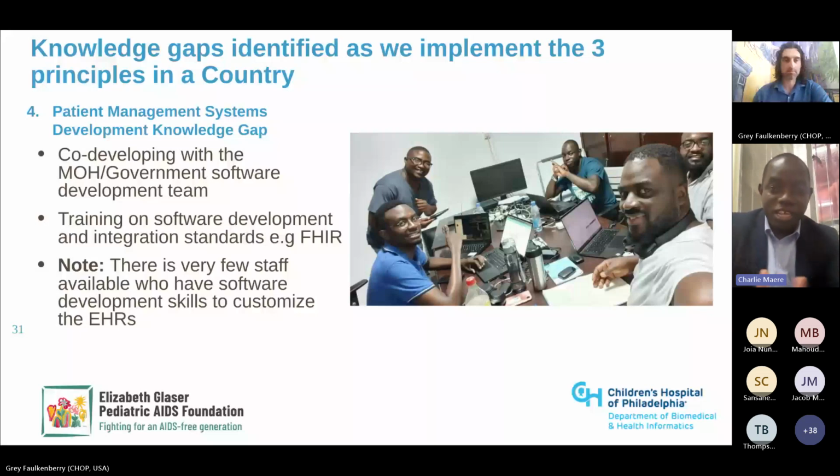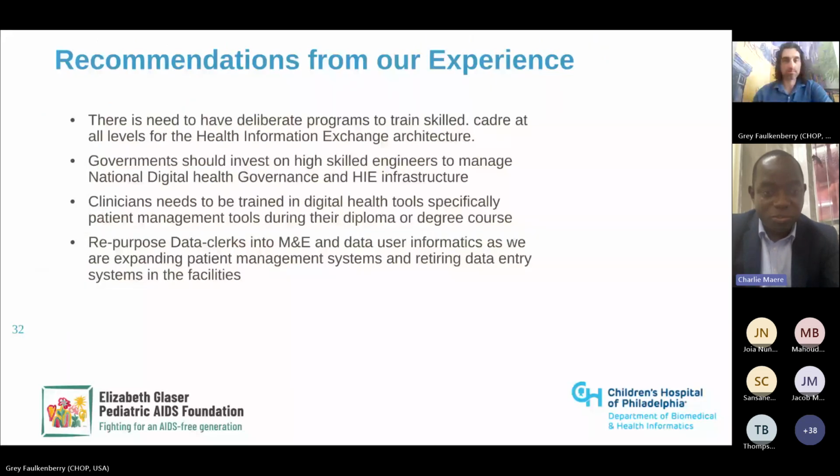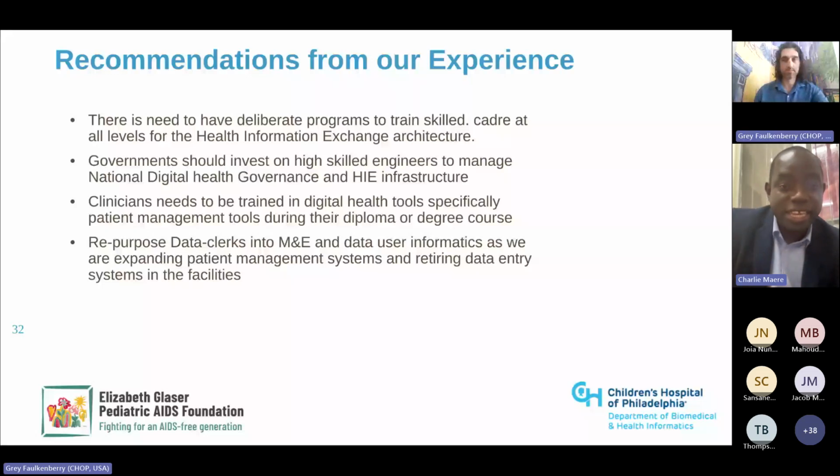Lastly, on recommendations, and I close, on the next slide. Within the national systems, we've noted that we need deliberate programs to train skilled cadres at all levels within the HIE architecture. Government should also invest in highly skilled engineers to manage the national HIE.